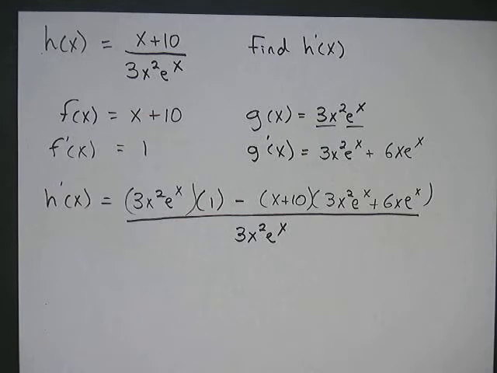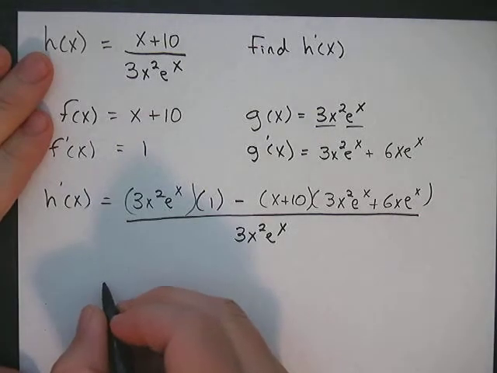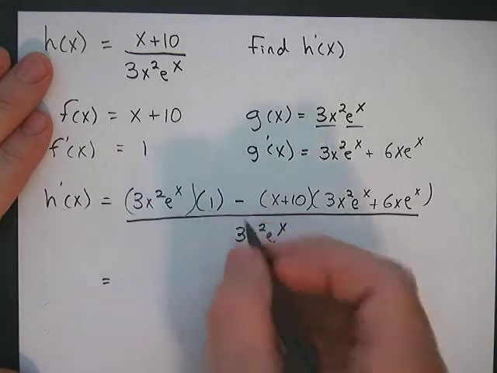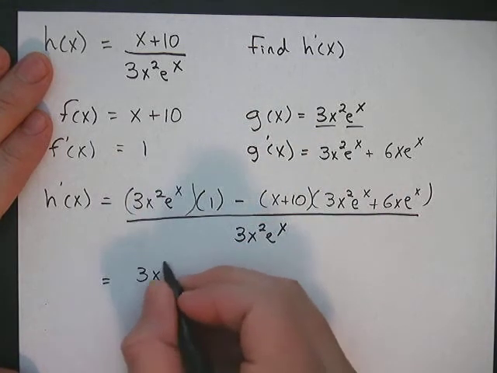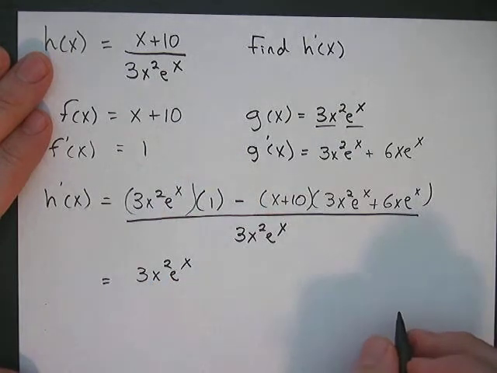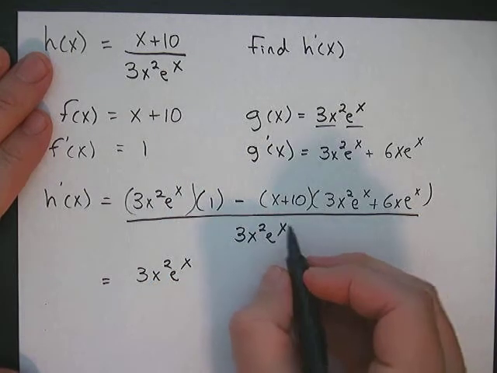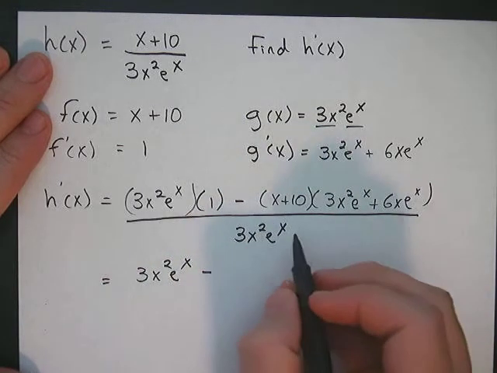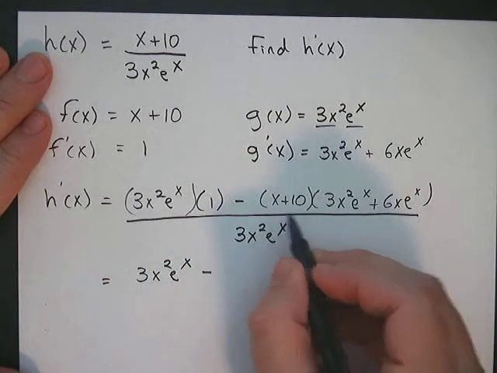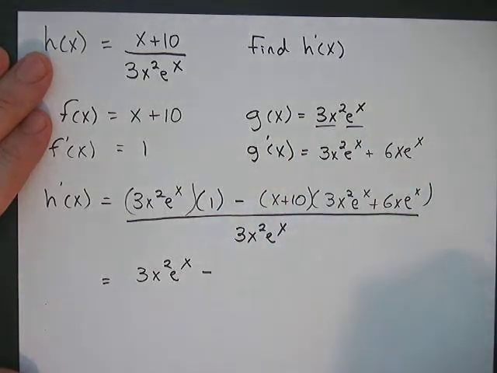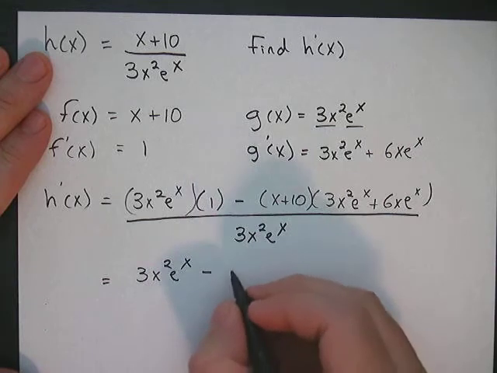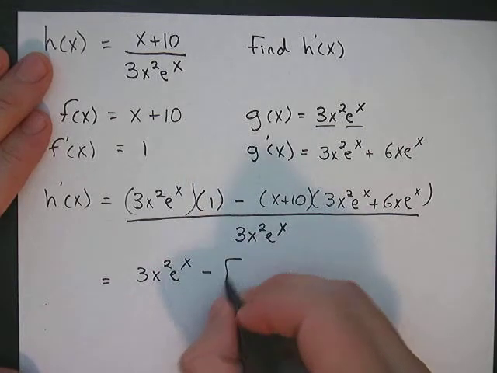Okay, that needs to be cleaned up a little bit. So let's see what we can do to clean that up a little bit. This just multiplied by 1 really, we don't need the 1, so that's 3x squared e to the x. Let's leave the negative sign for the moment, but let's go ahead and distribute this x plus 10 to this. So multiply the x first, which means we just increase the exponent by 1 in both of those terms.